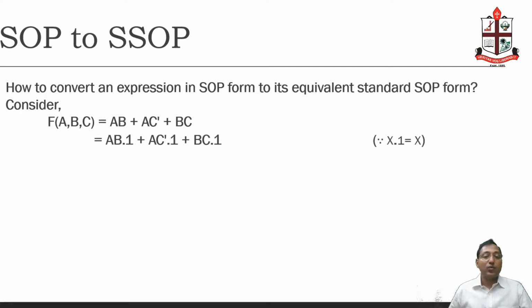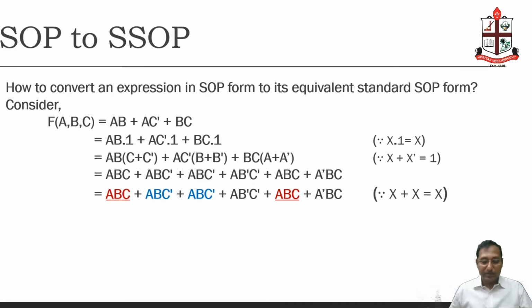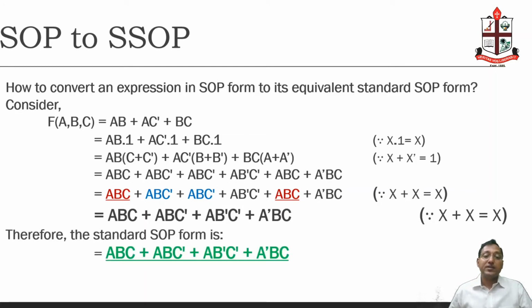So for that, we go like this, using the axioms and postulates and the theorems that we have already seen. And finally, we get the expression in standard SOP form. So this is how we convert a non-standard SOP into standard SOP.